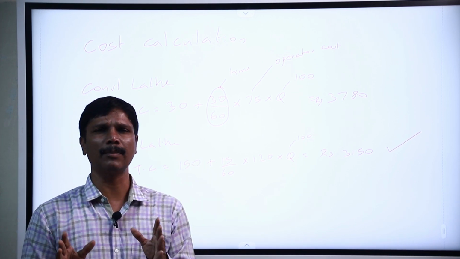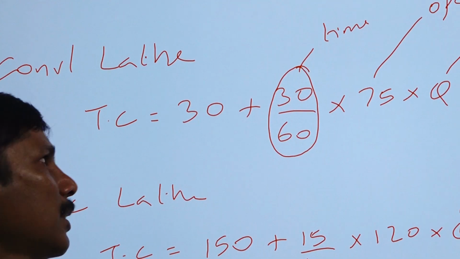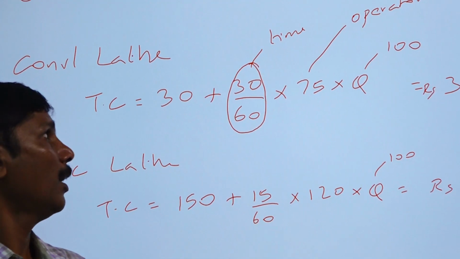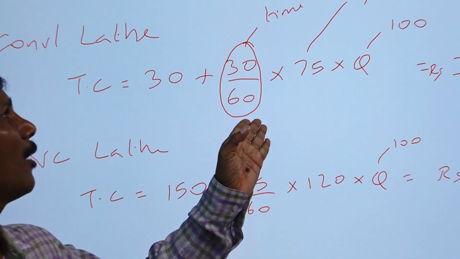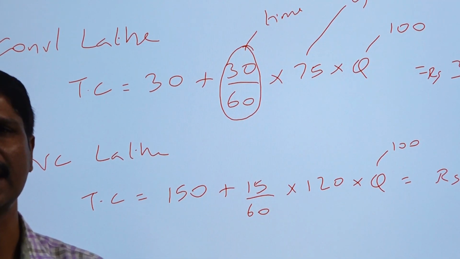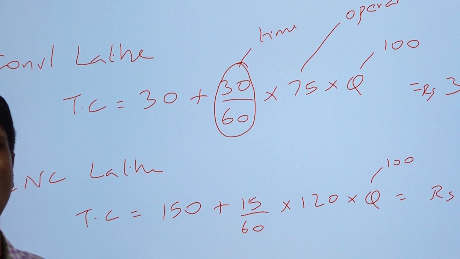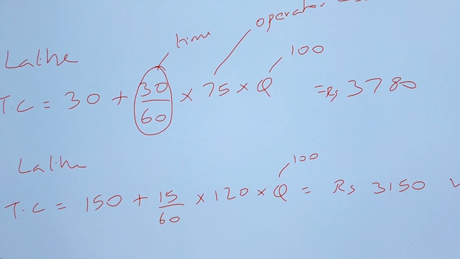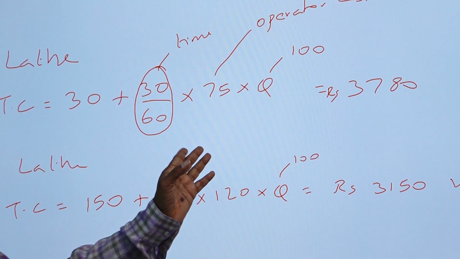Total cost is nothing but the sum of the fixed cost and the variable cost. Here the fixed cost is 30 and here the fixed cost is 150. In the variable cost, we have to consider machining time, operator cost, and the number of quantity. When you multiply them, you get the variable cost.